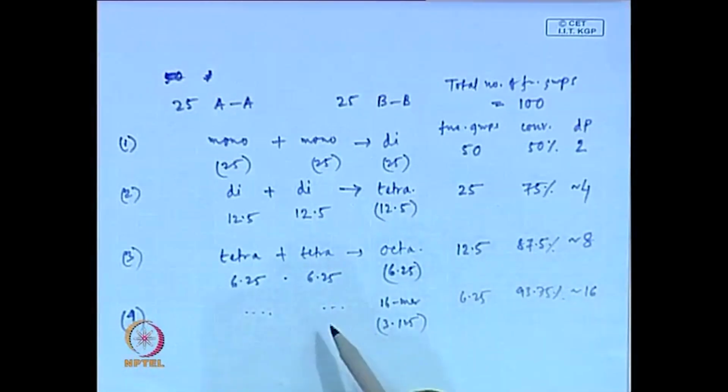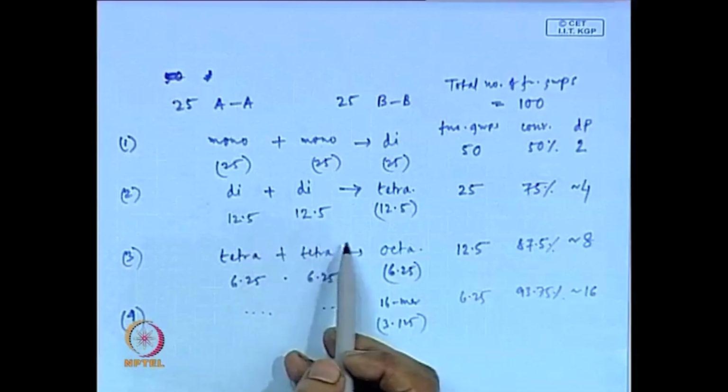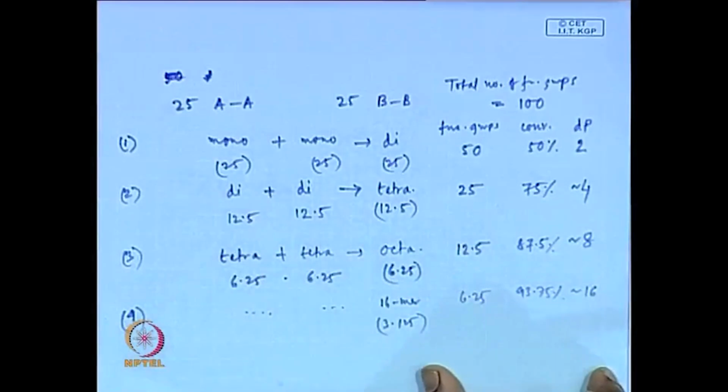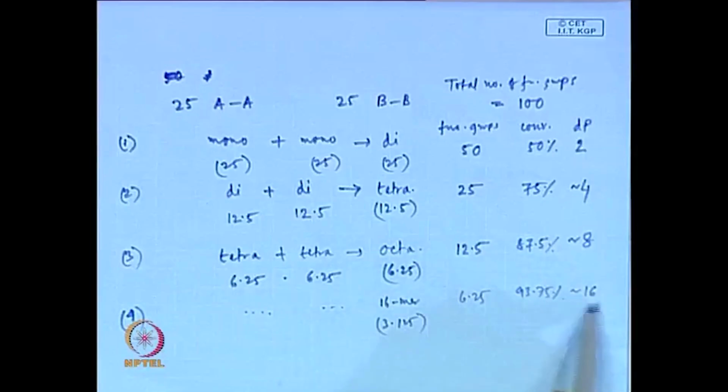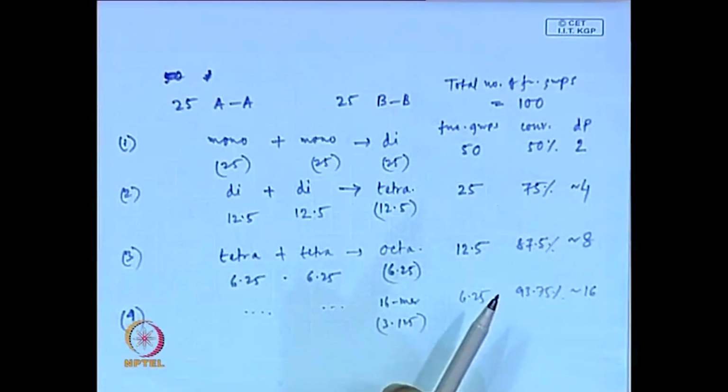Now, remember I am just following the simple reaction. This tetramer can react with dimer, monomer and trimer, further reducing the chains. So, finally, even at this conversion the actual dP will be lower than this 16. I am just talking about one simplistic case where following the simple reaction.